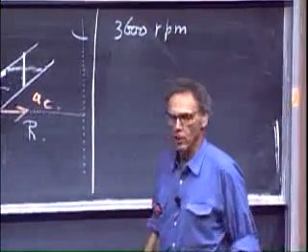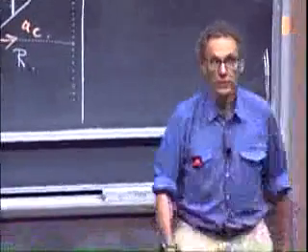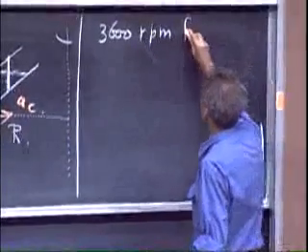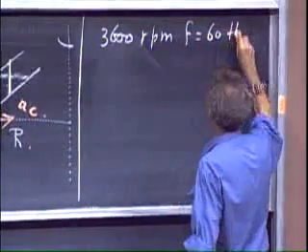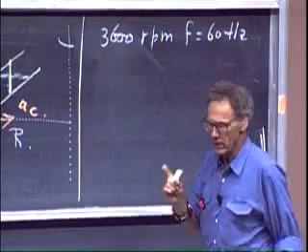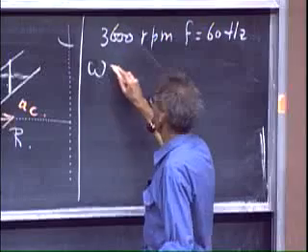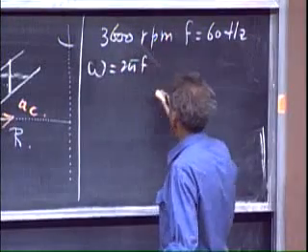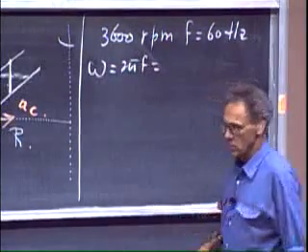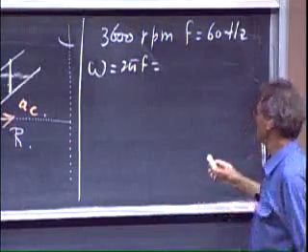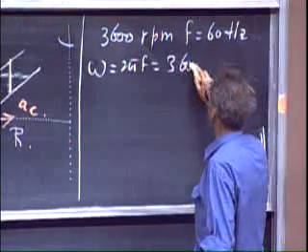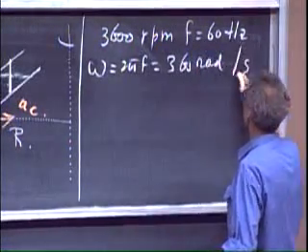So 3600 RPM translates into a frequency of 60 Hertz. So it goes around once in 1/60th of a second. Omega is 2 pi times f, is therefore roughly 360 radians per second.